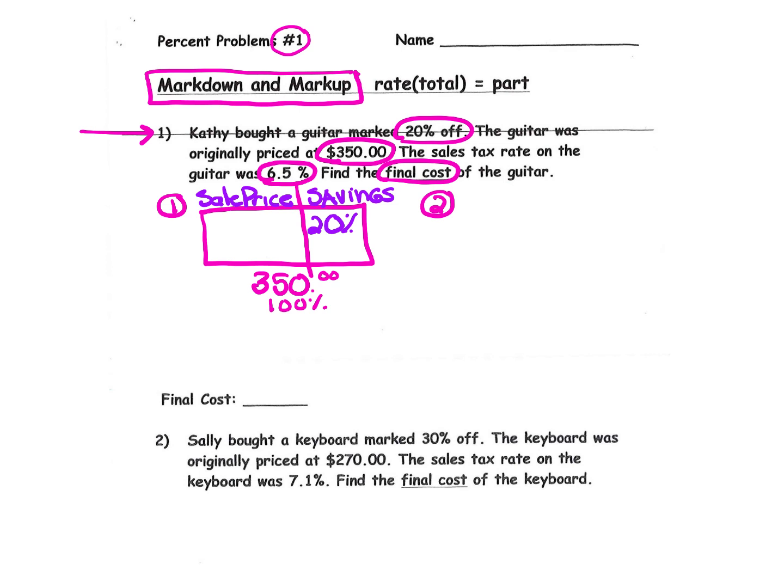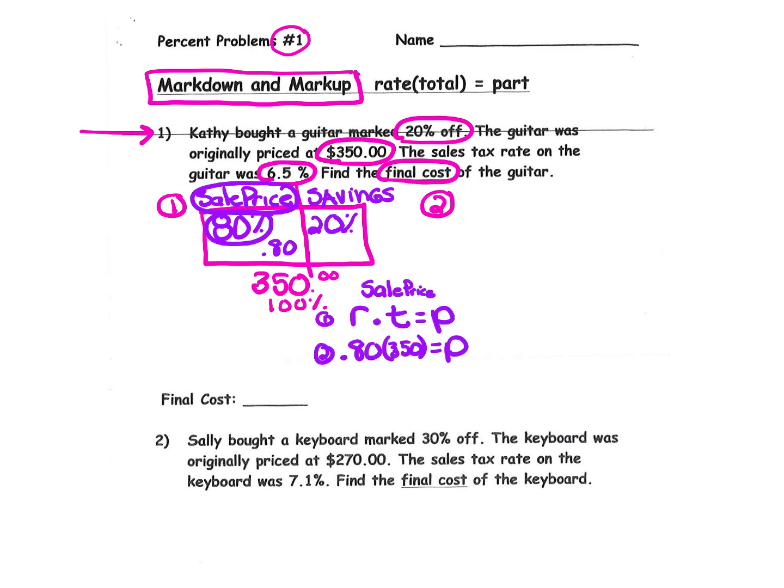Since the saving part of the bar is 20%, we know the sale price part of the bar is 80%. And since we're looking for the sale price, we're going to use the rate of 80% or 0.80.